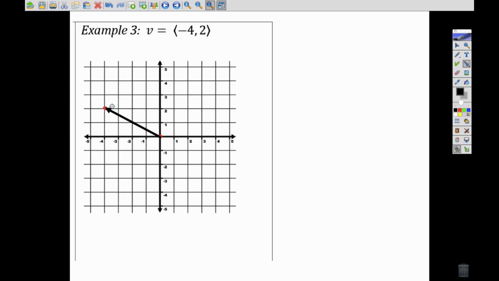Again, just making sure that the arrow points at the last point, the head of the vector. This tells us what direction we're headed in.